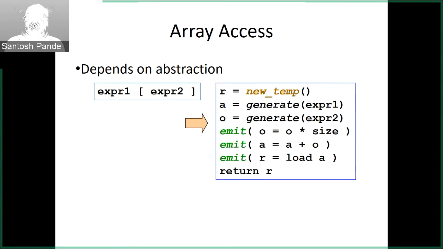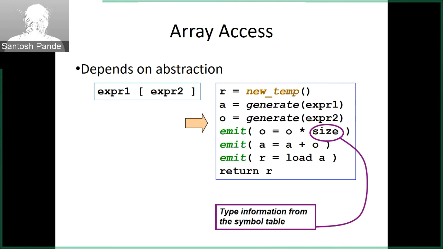This is the R value semantics, which is generating the base offset and generating the necessary load to implement that dereference. So this should be very clear. The size information is coming from the symbol table, and is needed for doing this offset calculation at this particular point.